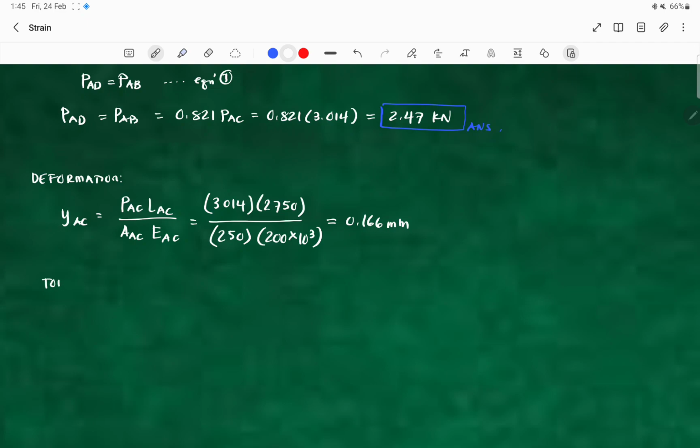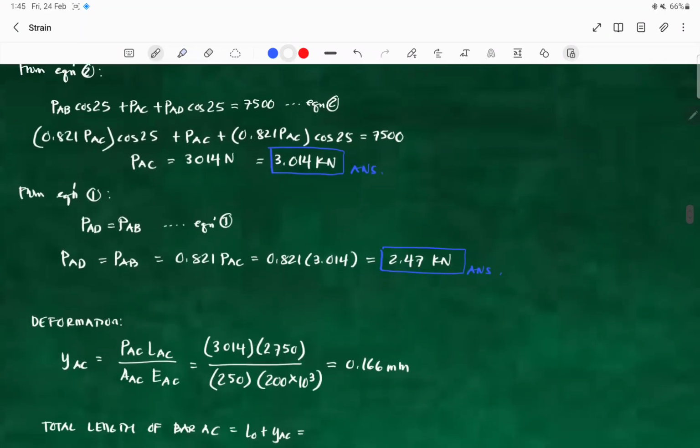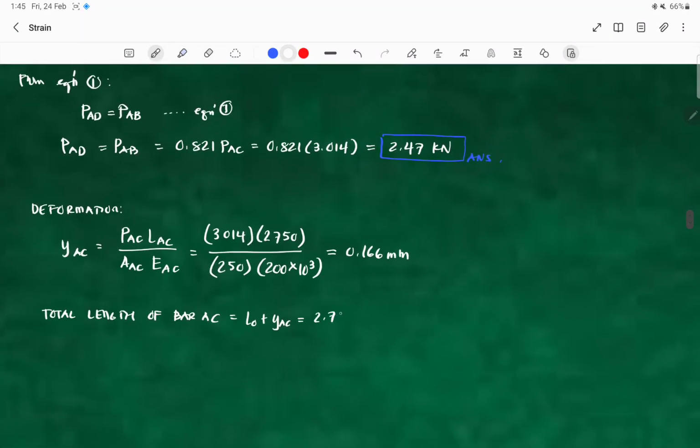So, bale yung magiging total length nung bar EC is we have this original length plus yung deflection nung EC. So yung original length nung bar EC is 2.75 meters. So this is 2.75 plus 0.166 all over 1,000, no? Para ito naka-meters. So kung makikita mo, sobrang liit ng value.